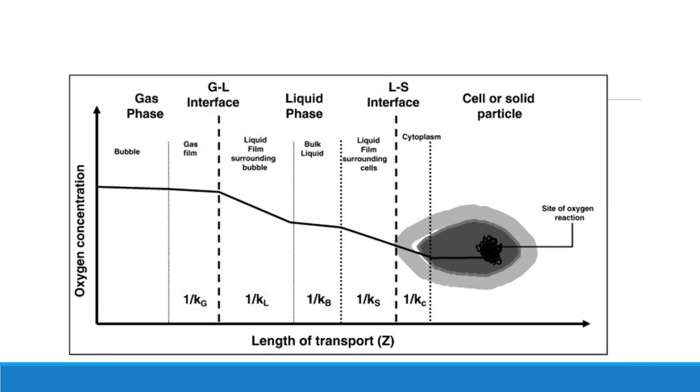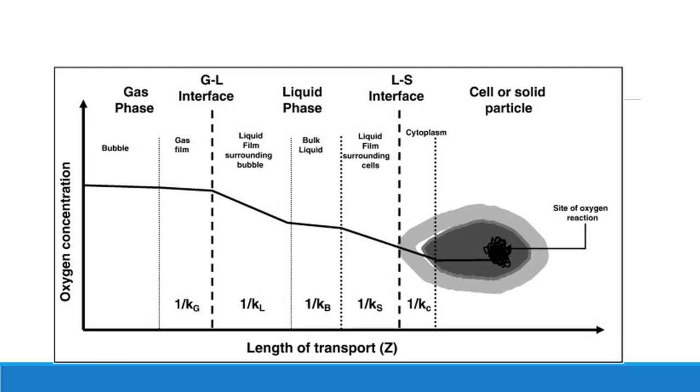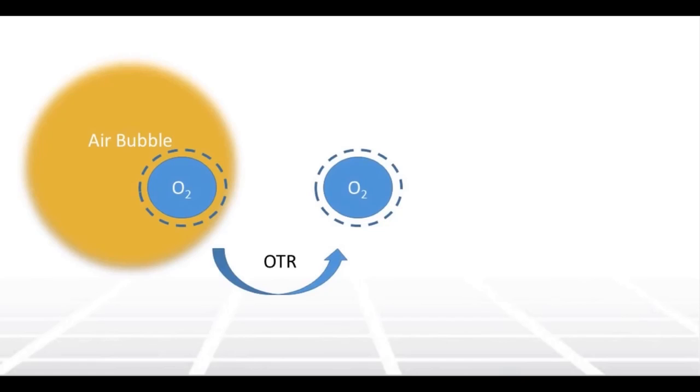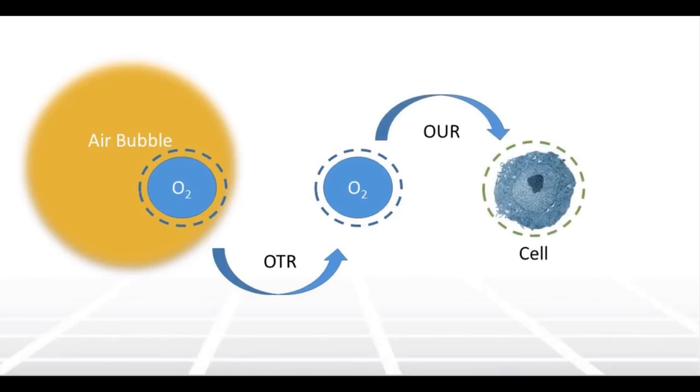As the gas passes these barriers, the concentration of the molecules passing the interface gets reduced, wherein there occurs a net decrease in concentration of oxygen as it reaches the cell. At this juncture, it is mandatory to know the difference between two specific terms: oxygen transfer rate and oxygen uptake rate.